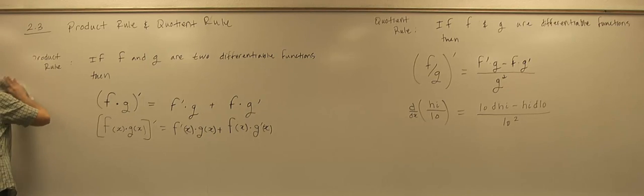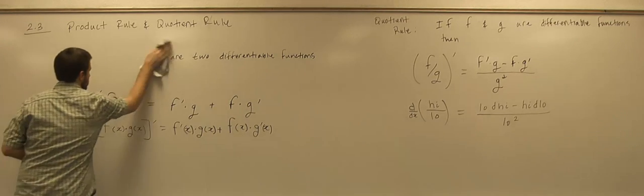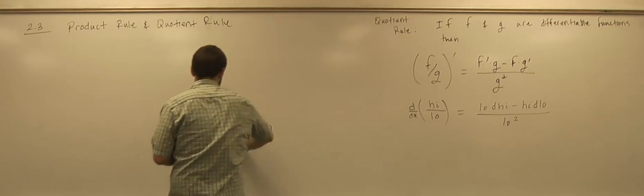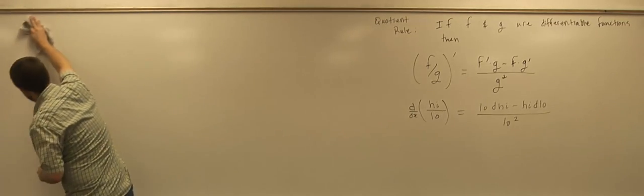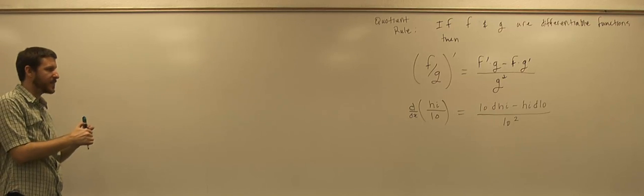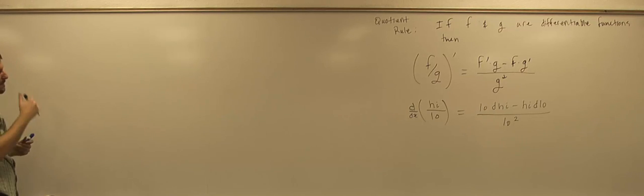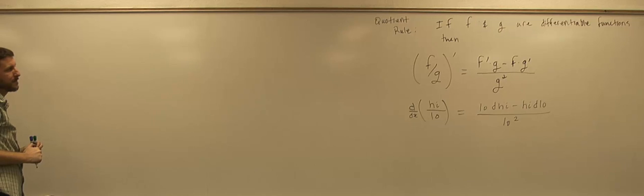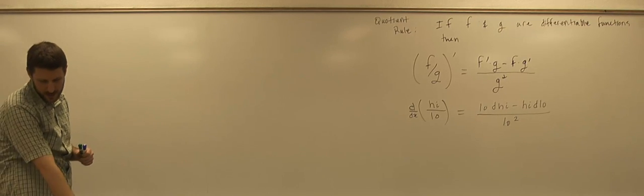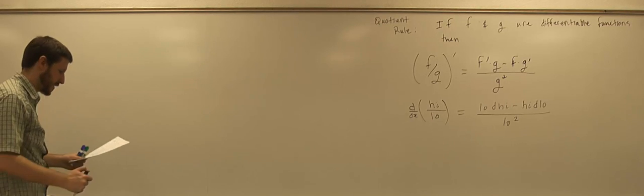Let's do some examples. There's a proof for both of these in your book, showing why these are true. I would do one of them, but I don't think it'll help you understand anything. I think you'll just get lost. So let's do a bunch of examples and see if that helps more.